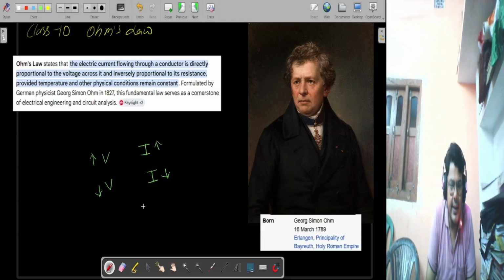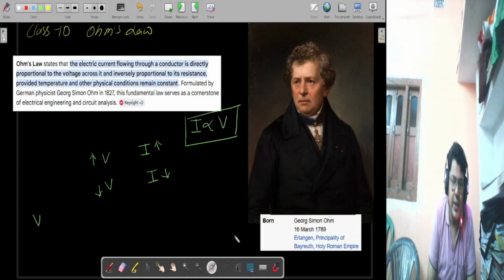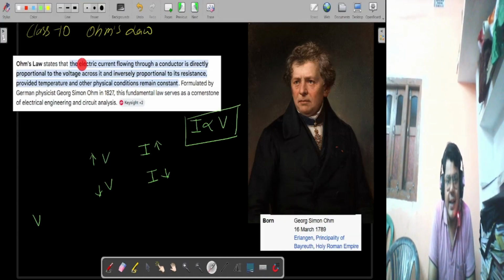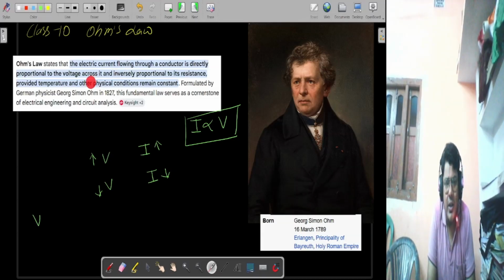So by this we can say that the electric current is directly proportional to the potential difference. So he stated that the electric current passing through that circuit is directly proportional to, or depends upon, the voltage of that circuit.